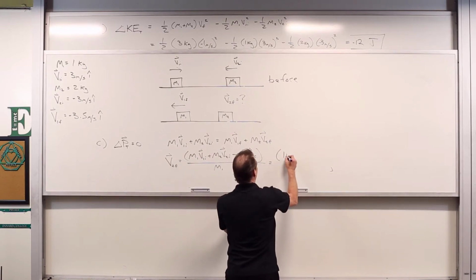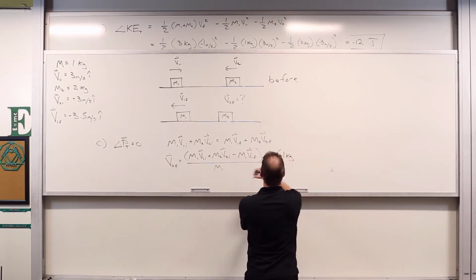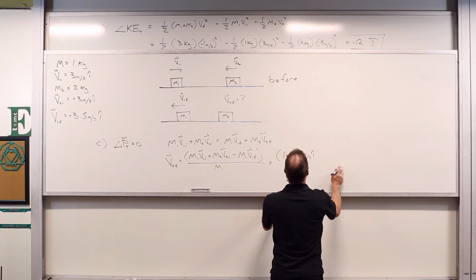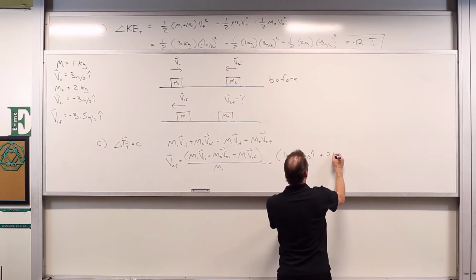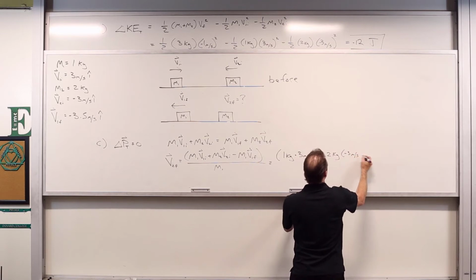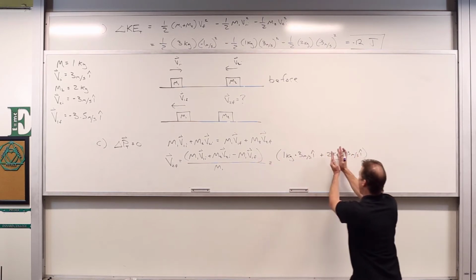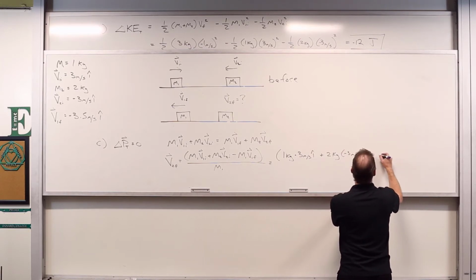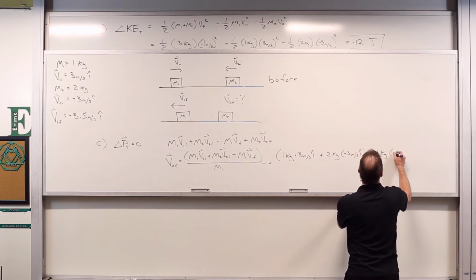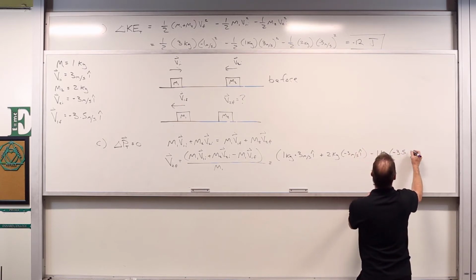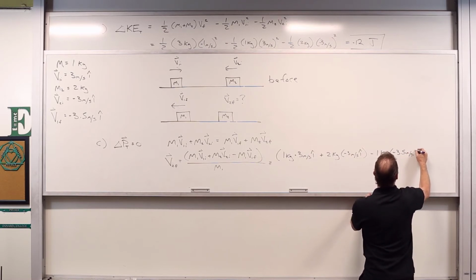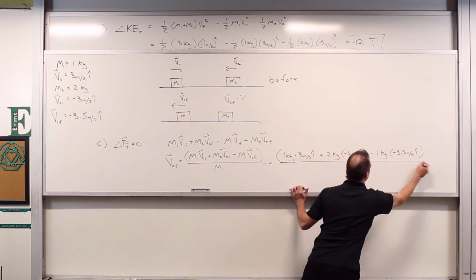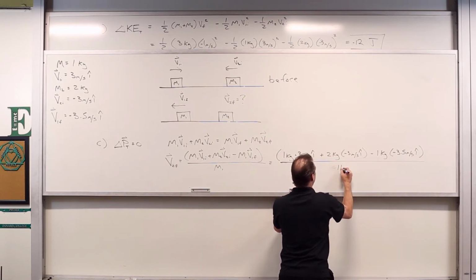We've got the quantity of 1 kilogram times 3 meters per second I hat, plus 2 kilograms times negative 3 meters per second I hat, which we already know adds up to negative 3 kilogram meters per second I hat. And then minus 1 kilogram times negative 3.5 meters per second I hat, divided by 1 kilogram.